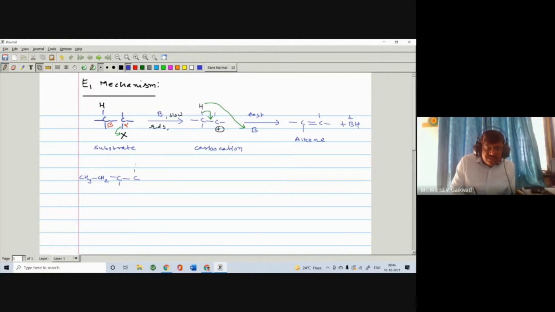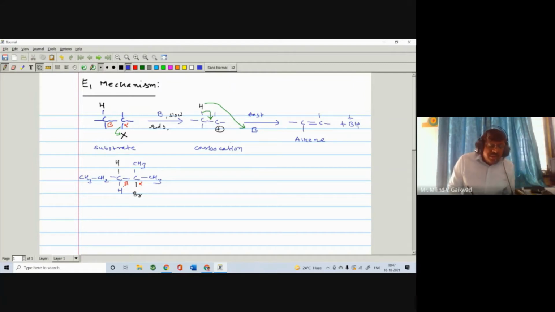Here is a CH3, here is also CH3, and there is the presence of hydrogen at the beta carbon, and there is a halogen, for example Br, at the alpha carbon atom. So here is the alpha carbon, here is the beta carbon, and on this beta carbon we can take also H, hydrogen atom.